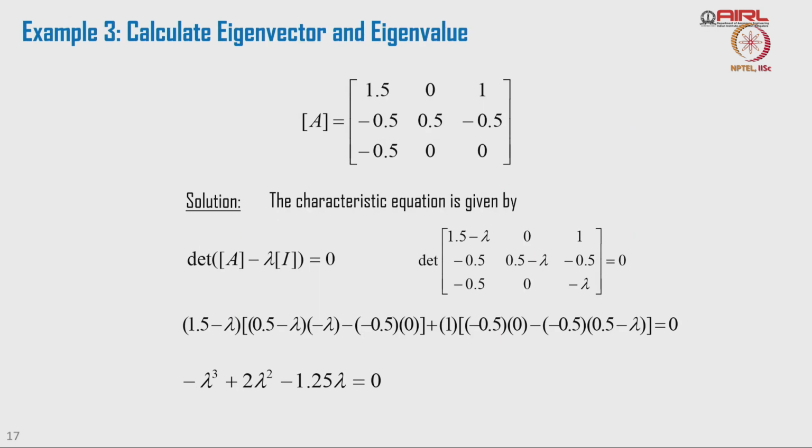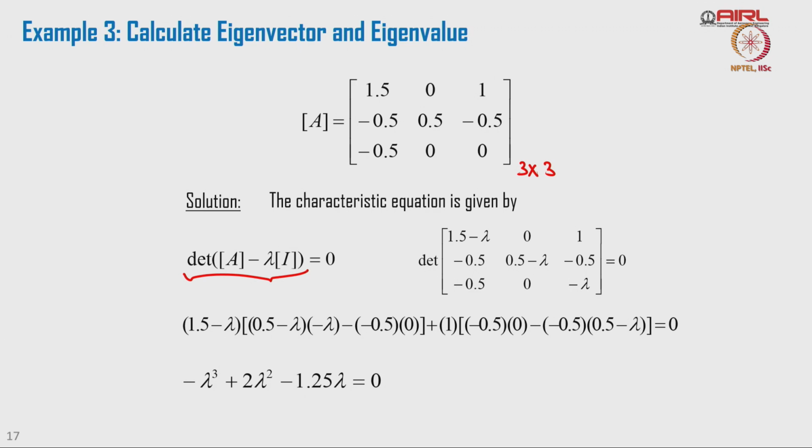Let us quickly look at another example to understand how to find the eigenvalues and eigenvectors of a given matrix. Let us consider this 3 by 3 matrix A. To find the eigenvalues, we find the characteristic polynomial and equate it to 0.